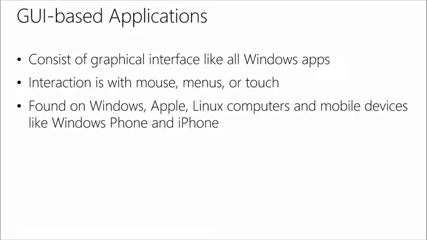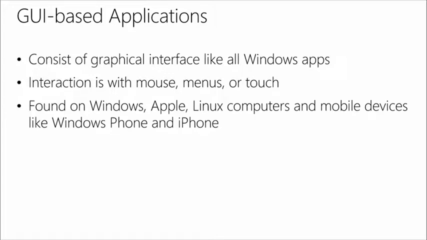As we look on our slide here, they consist of a graphical interface. Think of all the Windows applications that you interact with on a day-to-day basis: Microsoft Word, PowerPoint, Excel, or even Internet Explorer and Firefox, the web browsers. Even though they're viewing web apps, they are still a desktop application, still a graphical user interface application.